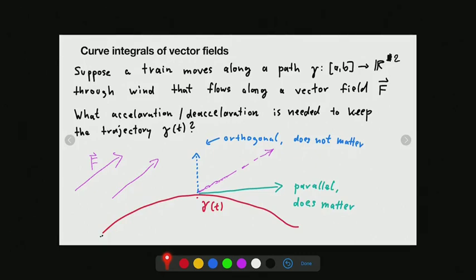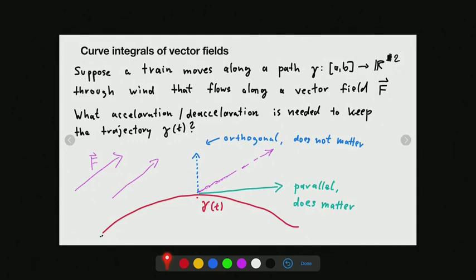So if the wind keeps blowing from the side, it has no effect. But if the wind, for example, keeps blowing from behind you, it accelerates you. If the wind blew in the opposite direction, it would decelerate you.